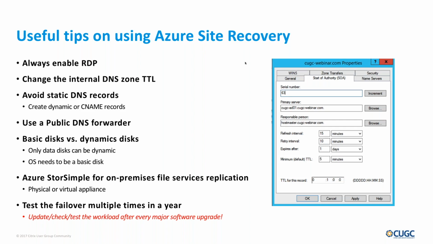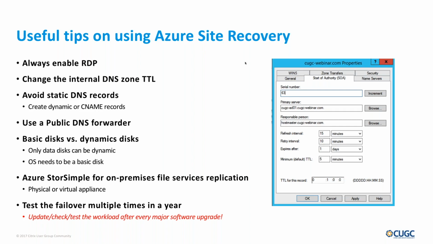So use public DNS forwarders. Also keep in mind that OS disks are only supported as basic disks. So keep that in mind. And only data disks can be dynamic.